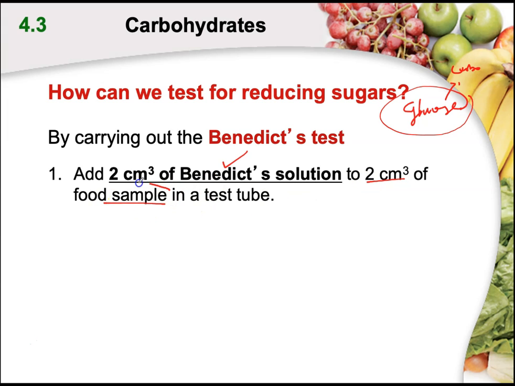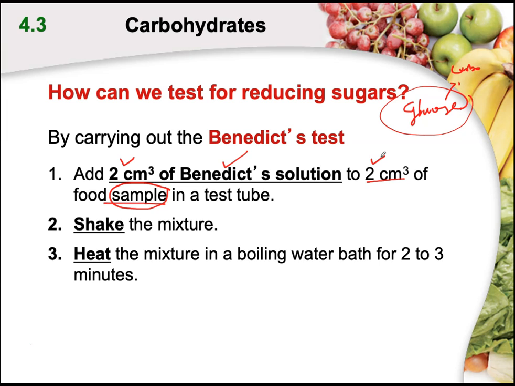Now, usually we will use a sample because actually in the lab, we might have an unknown solution. But you notice that the volume of the Benedict solution and the volume of the sample is exactly the same. Then we must shake the mixture very well. We will then put the mixture inside a boiling water bath for 2 to 3 minutes. Okay, that was what you actually saw, right?